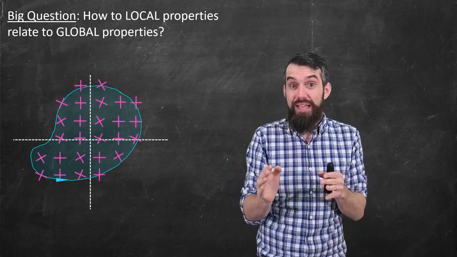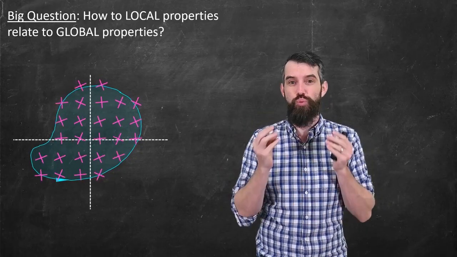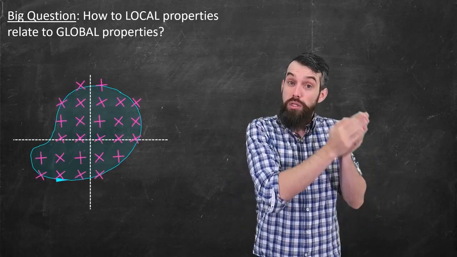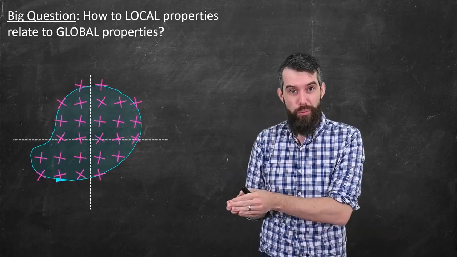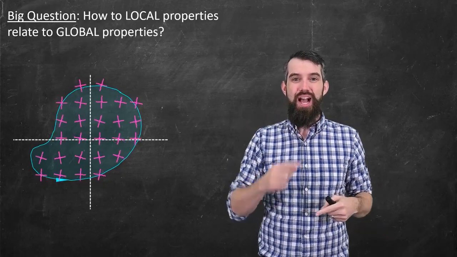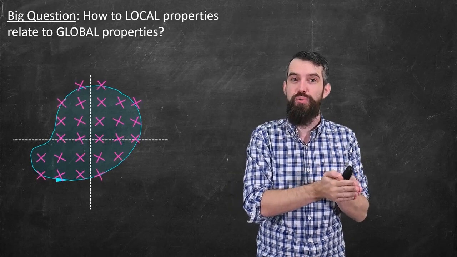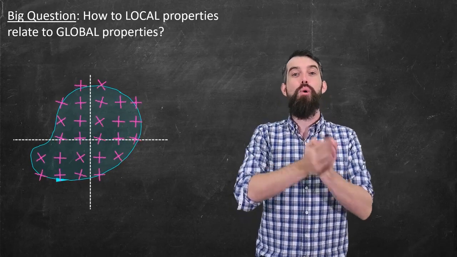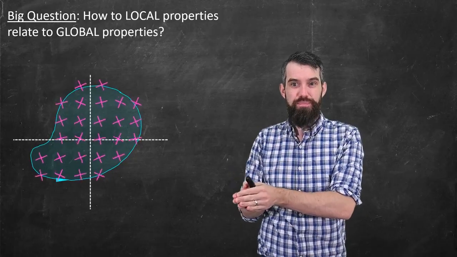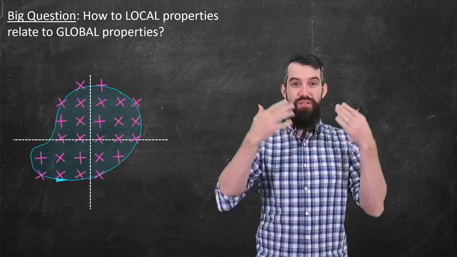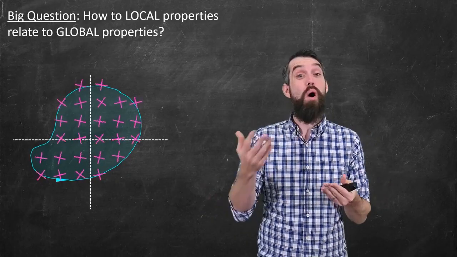What's going to be so amazing about vector calculus is that we're going to have these really nice relationships between local properties and global properties. Ways where we can accumulate or add up all of the local properties throughout an entire region and deduce some very important global properties. And these theorems are going to be sort of the triumphant conclusion to our little course on vector calculus.